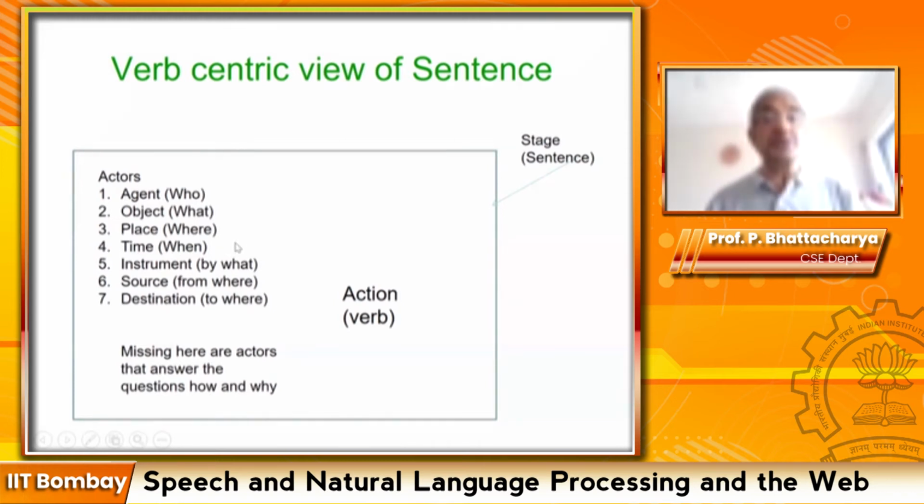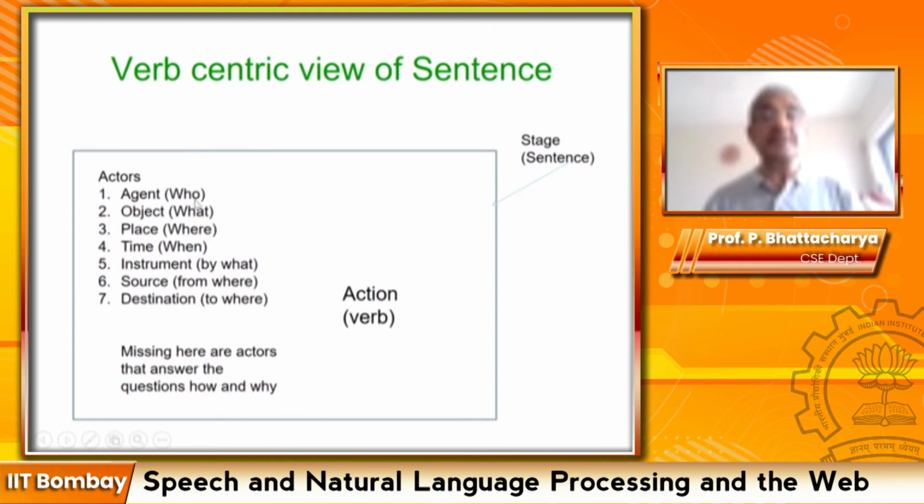Who is doing, what is being done, where, when, by what, from where, to where. These are called WH entities, WH questions. Some wise person has said that I have these friends with me wherever I go.